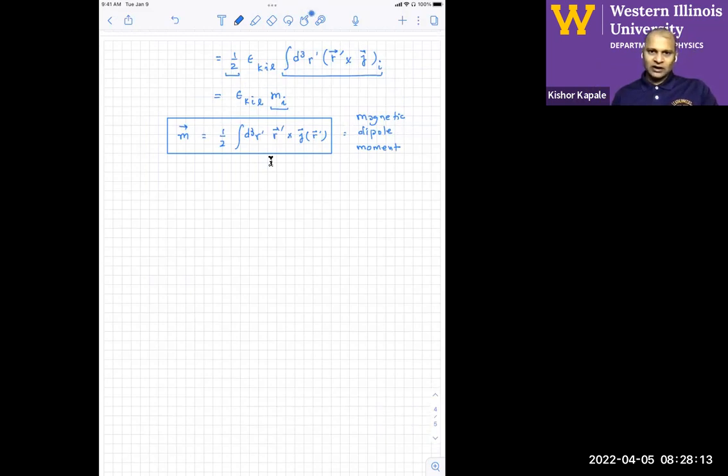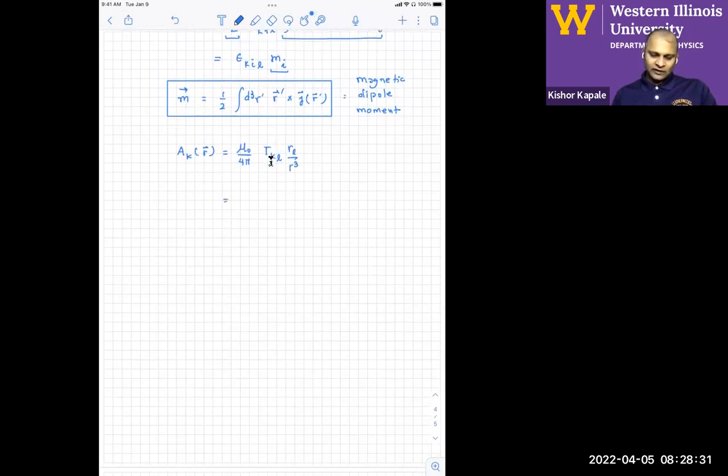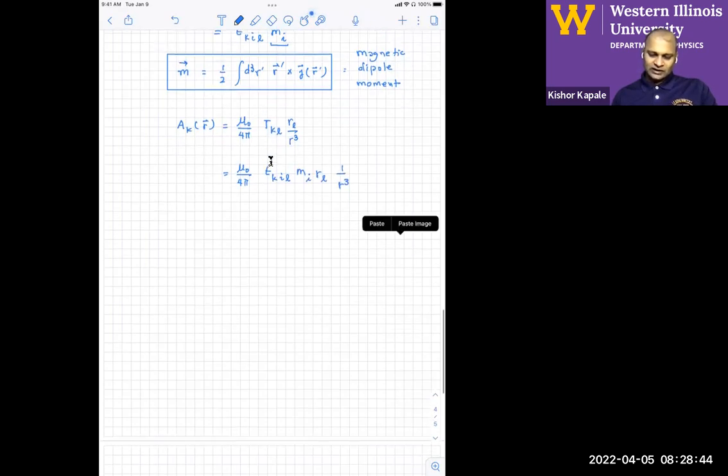And correspondingly, remember the kth component of the magnetic vector potential due to the dipole term was T_KL r_L over r cubed, which now we have a simpler way to represent: epsilon_KIL M_I r_L times 1 over r cubed.